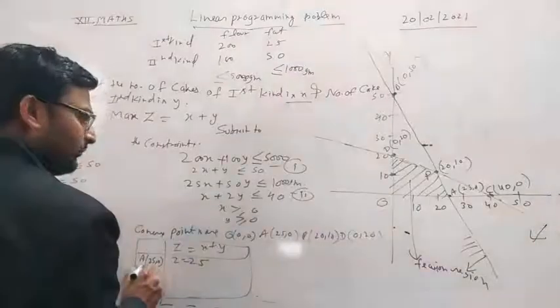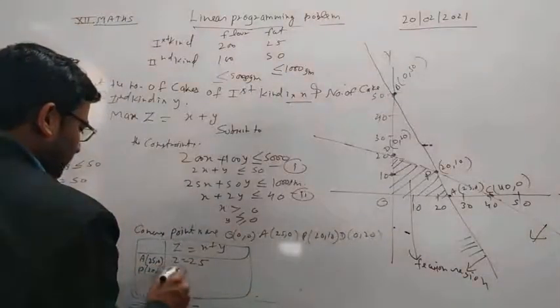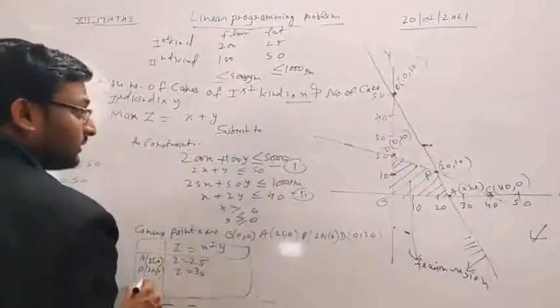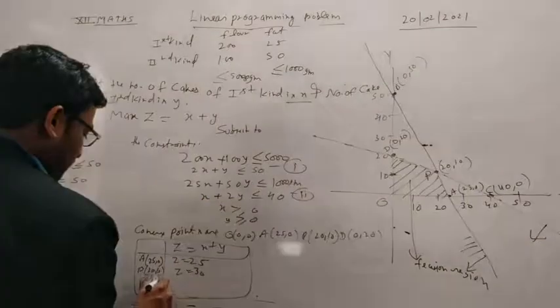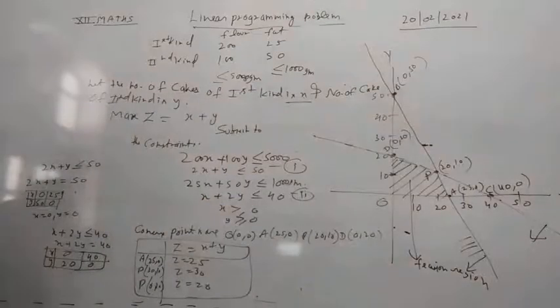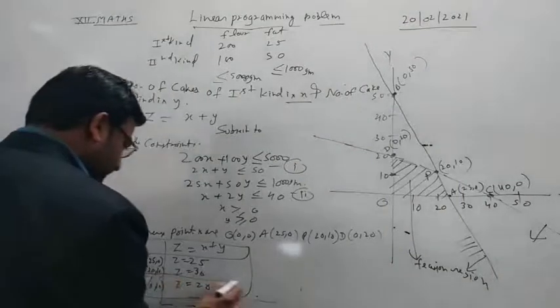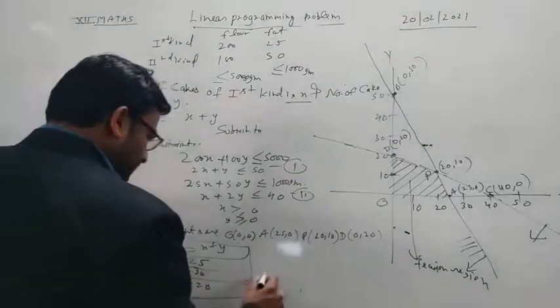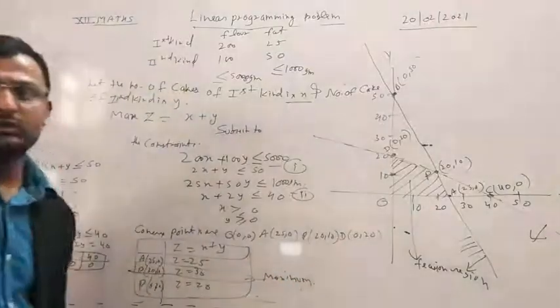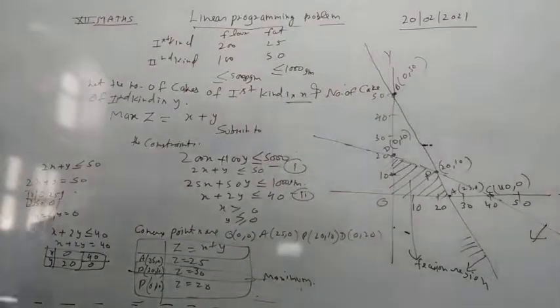At P, which is (20, 10), Z is 30. At D, which is (0, 20), Z is 20, students. So we are getting that 30 is the maximum.